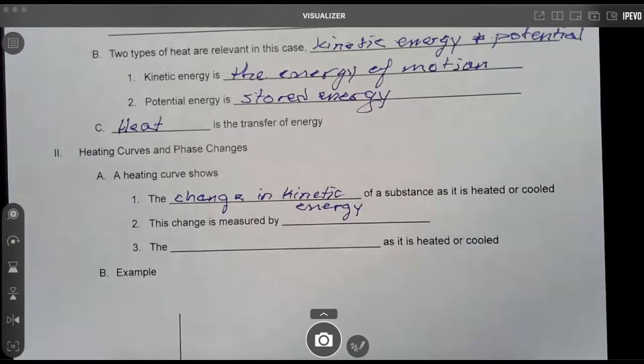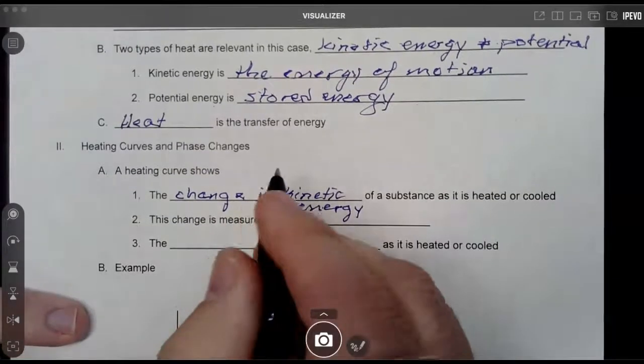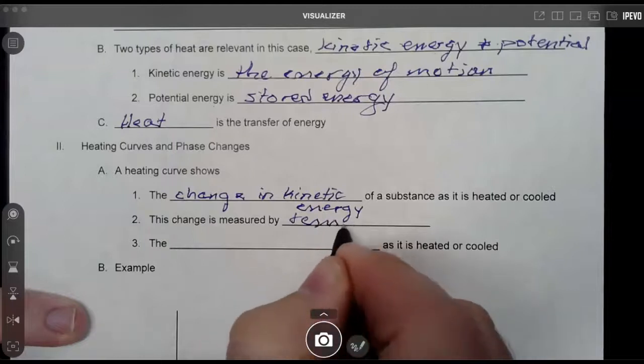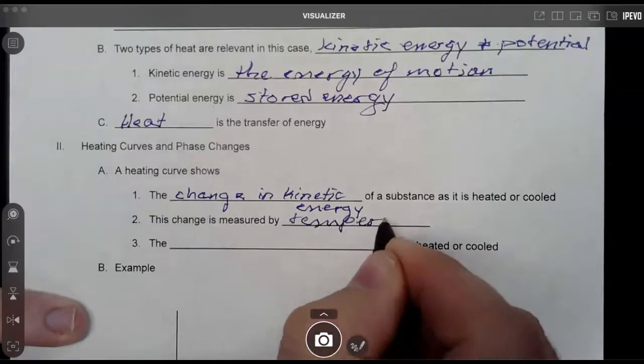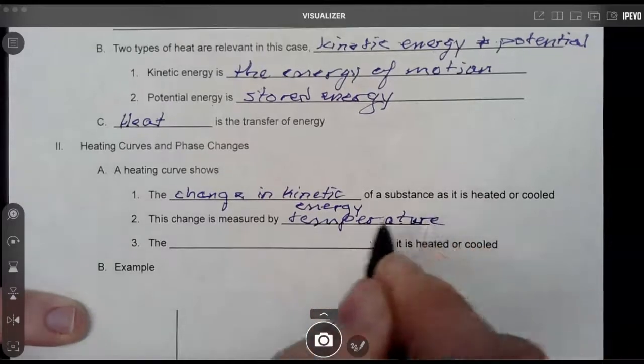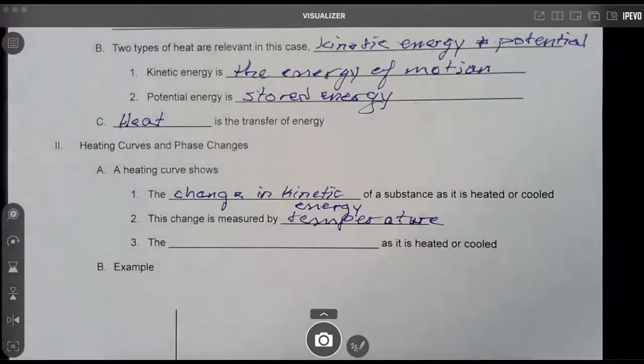So either the particles are increasing motion or the particles are decreasing motion. Now, that change in kinetic energy is measured by temperature. So we use a thermometer to measure the kinetic energy of something.